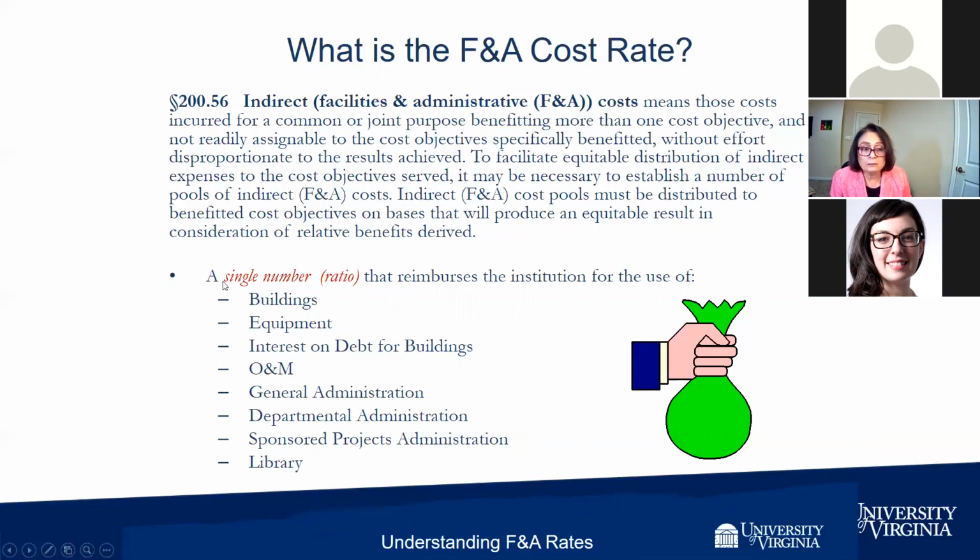So a single number or ratio is used to reimburse the university for the use of university buildings, university equipment, interest on debt, operations and maintenance costs, general administration, departmental administration, sponsored projects administration, library costs. These are all included in that F&A cost rate.